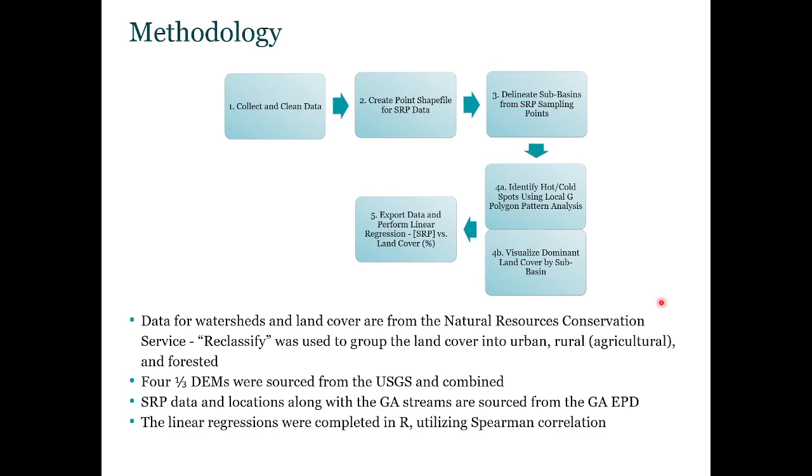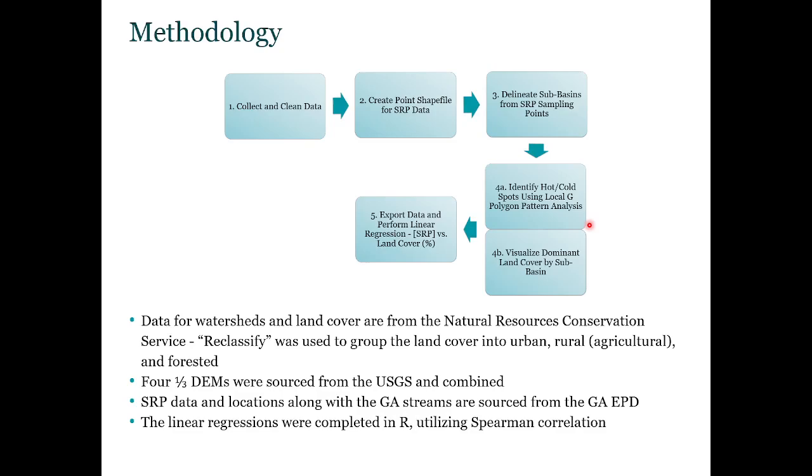Next, a brief look at my methodology. For the sources and a bit more of the details, you can read through these bullet points. But just quickly, I collected and cleaned the data, created shapefiles, which you saw in the previous figure. I delineated subbasins based on those points. I next conducted a polygon pattern analysis using the local G statistic.